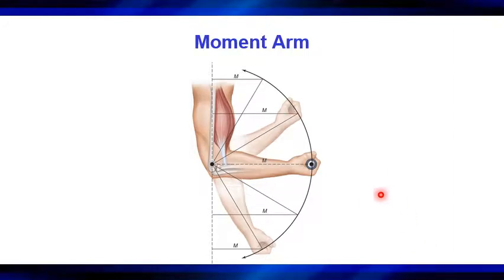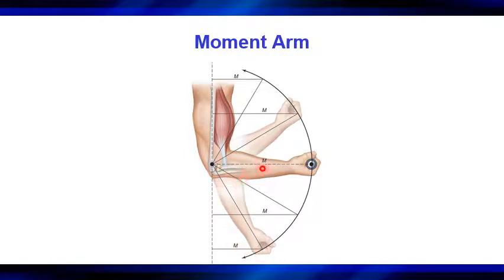In the case of the definition of the resistance arm, it's going to be here because it's the perpendicular distance. If we look down here, here's the perpendicular distance. To move from here to here isn't going to be as difficult, so we don't need the moment arm of the tendon to be as long.